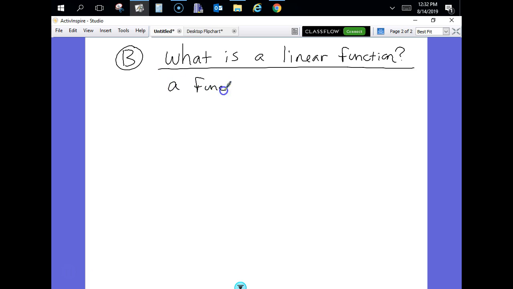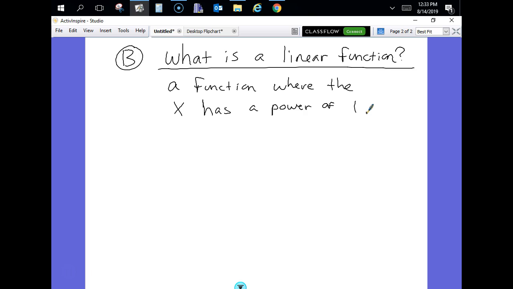It's a function where the x has a power of 1. A function where the x has only a power of 1.